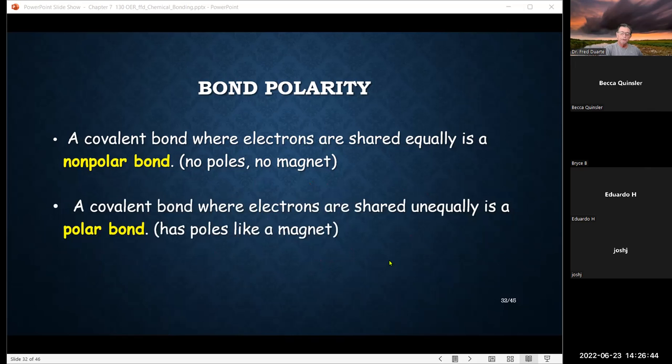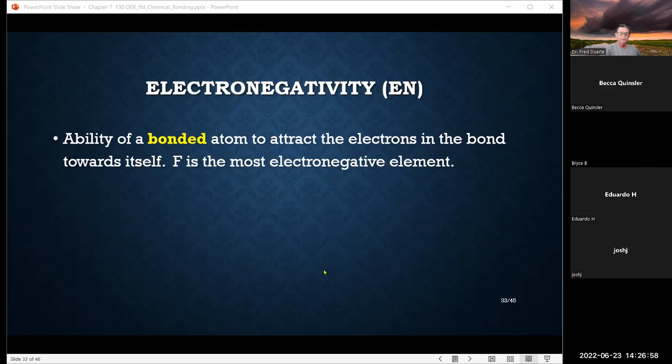Equally shared bonds are nonpolar, and that scenario is basically an A-A or carbon-hydrogen bond. The ones that are unequally shared are essentially an A-B scenario, different atoms.